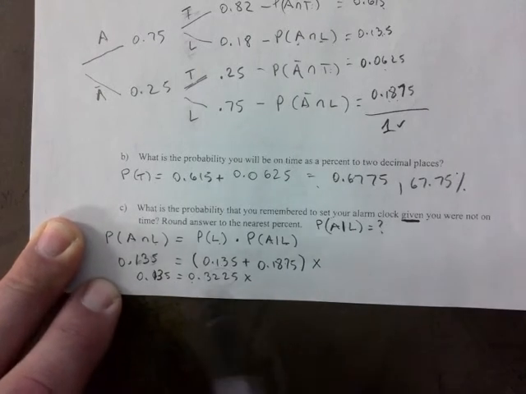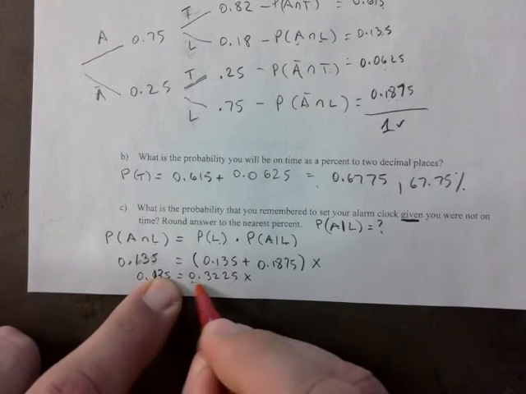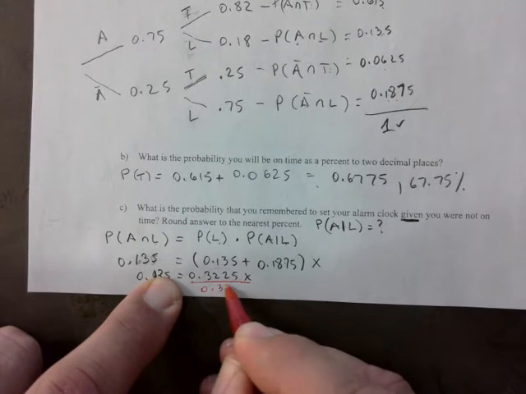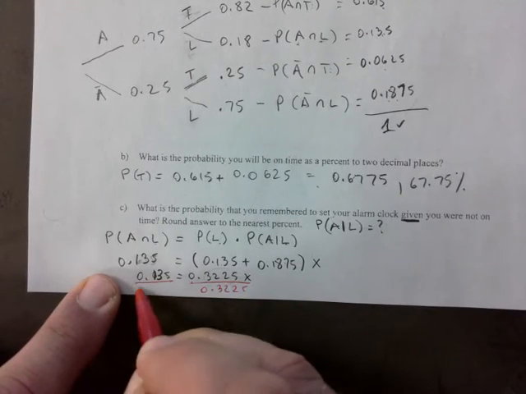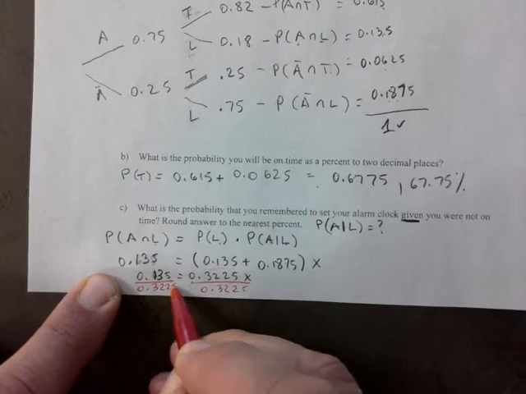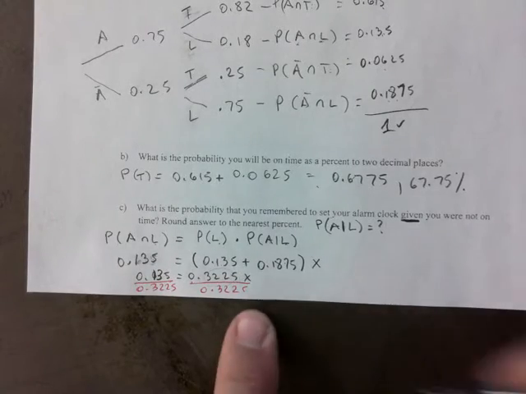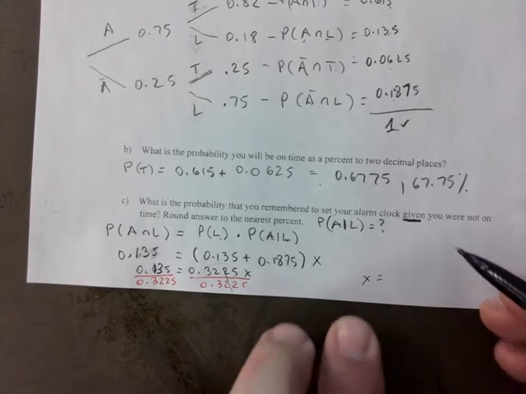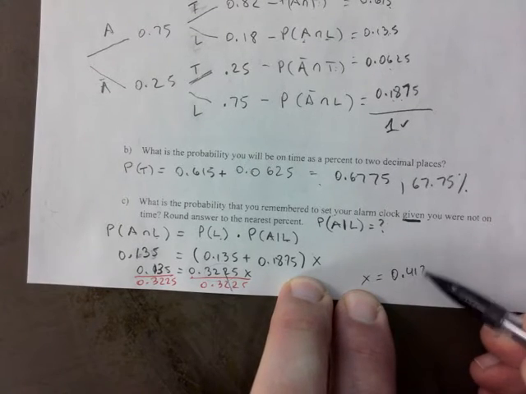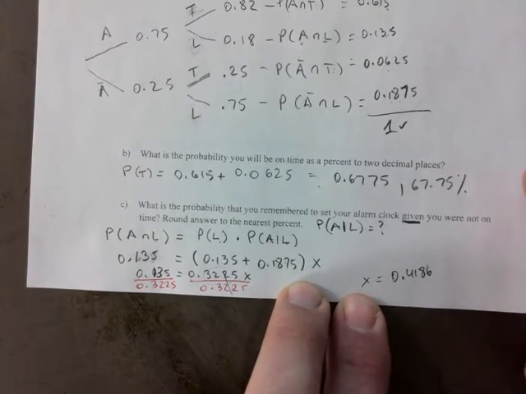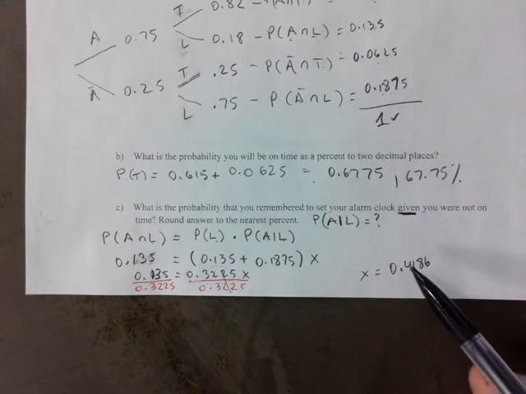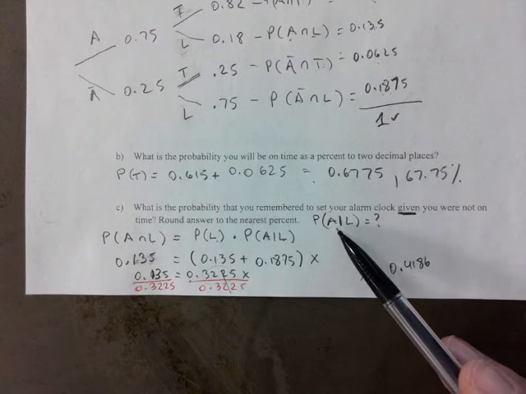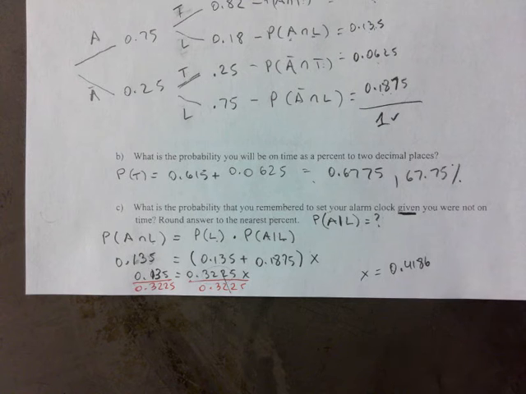Now it's fixed. Now we're going to divide both sides by 0.3225. So this turns into 1, right? So x is equal to 0.4186. So that's the probability of having set your alarm given that you are late.